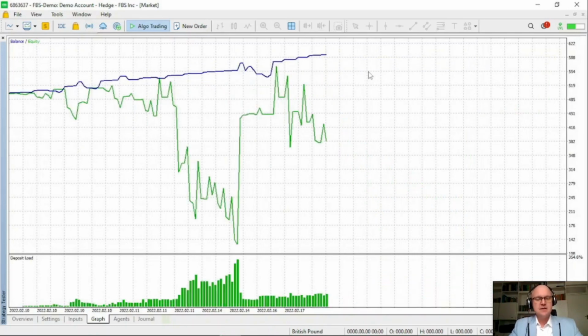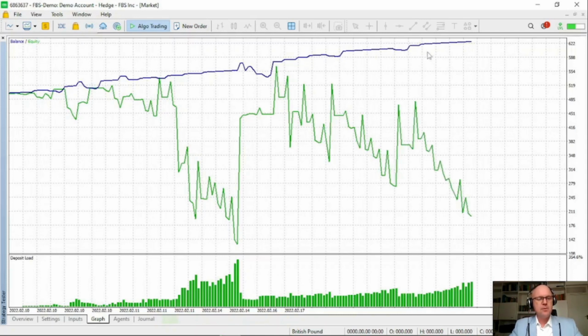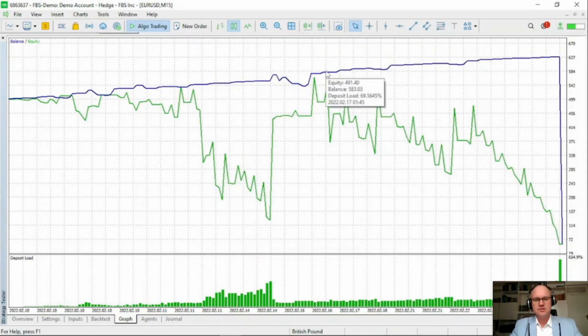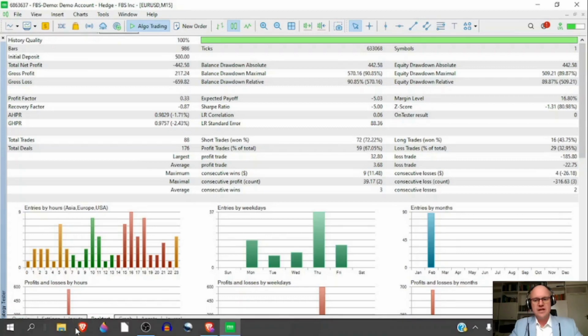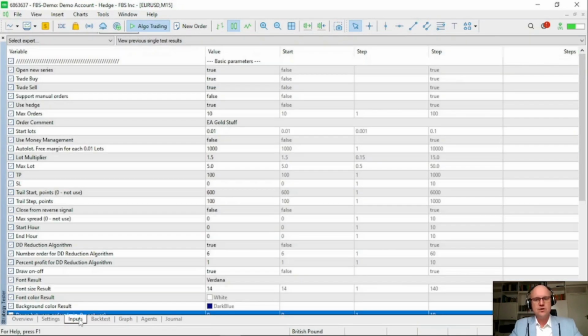What that means is the bot trades in both directions by using the proprietary indicator that it's built on. And as you will see, because of this fact that it's constantly entering trades, unfortunately, the default settings don't work on such a small balance.